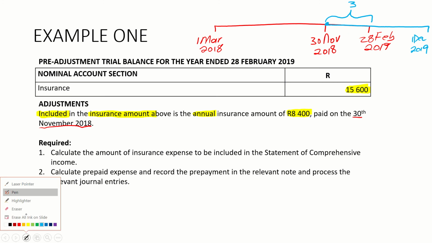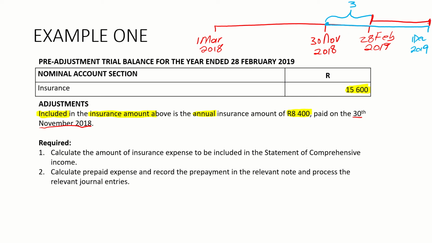However, the insurance amount that falls outside the financial year, from that point until that point, will be regarded as a prepaid expense. So in total, that will be 9 months.